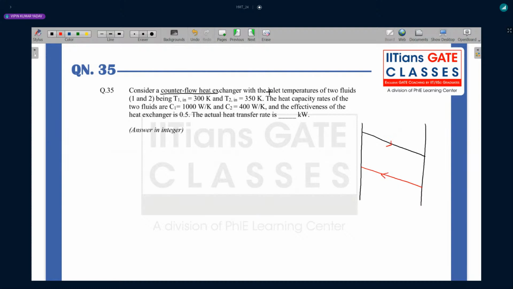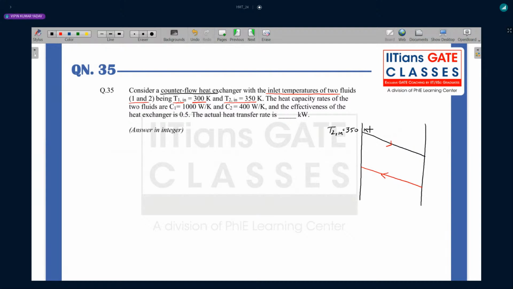Okay, with the inlet temperatures of two fluids 1 and 2 being T1 in equals 300 and T2 in equals 350. Now most of the people, I don't know why they do it, they just start writing T1 in here, but it's not correct. Why? Because fluid 2 is entering at a higher temperature. So you are going to write T2 is entering at 350 Kelvin.